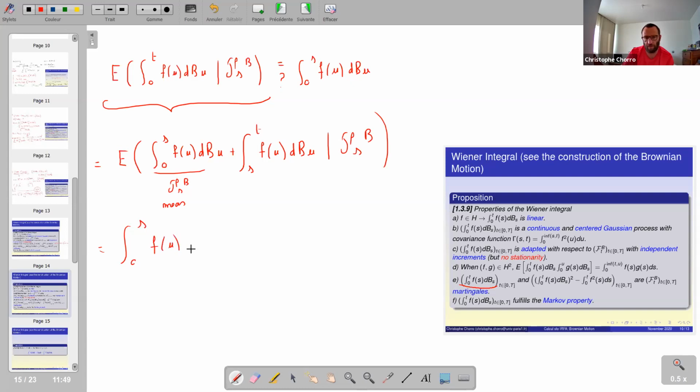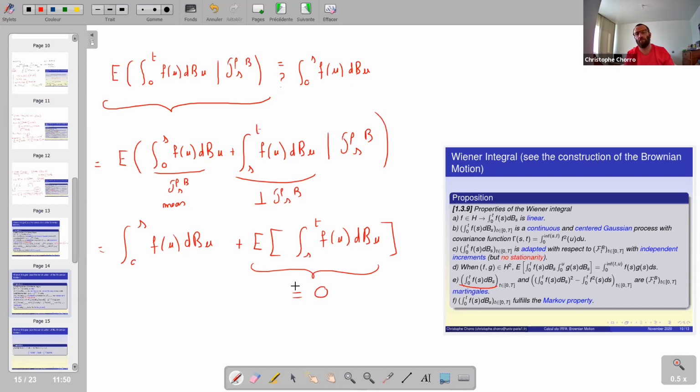And here I have a part that is independent of Fs, so the conditional expectation in the case of independence is just the expectation, that is simply equal to 0. So I have proved my martingale property.